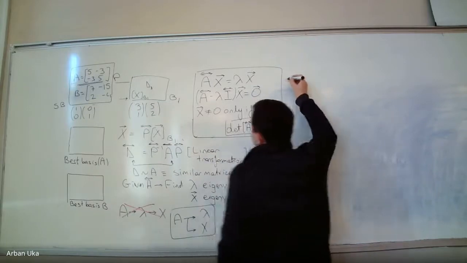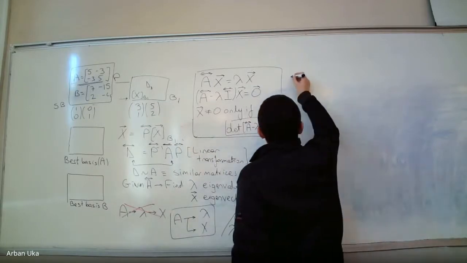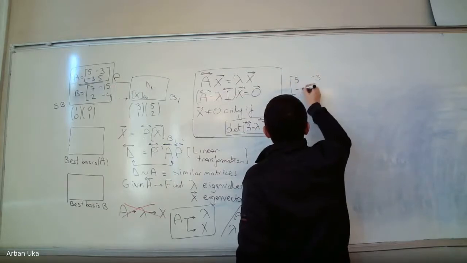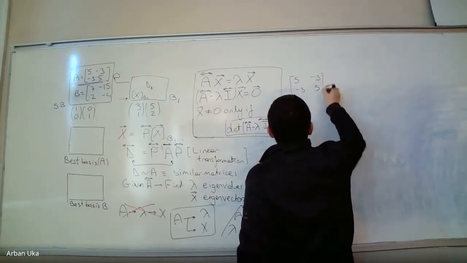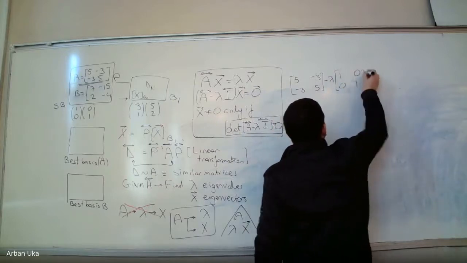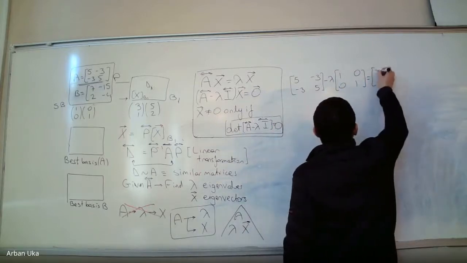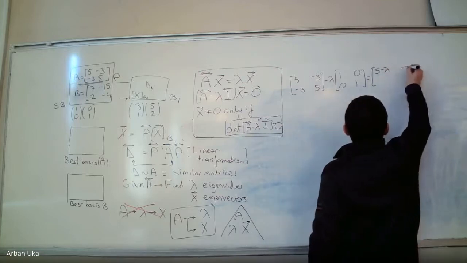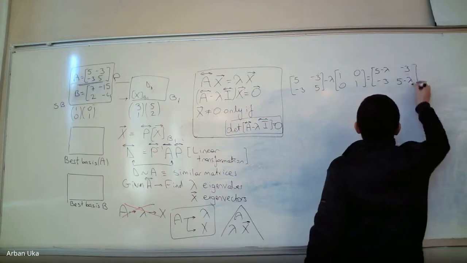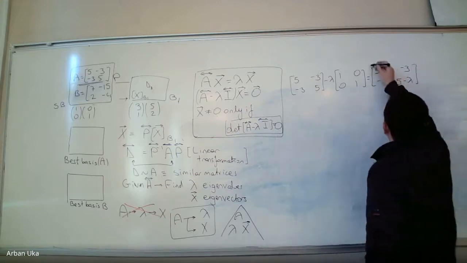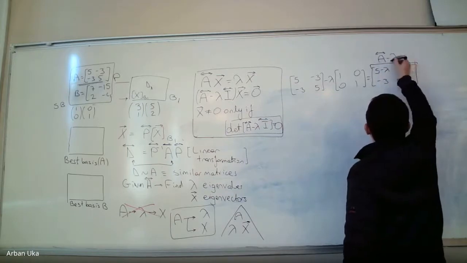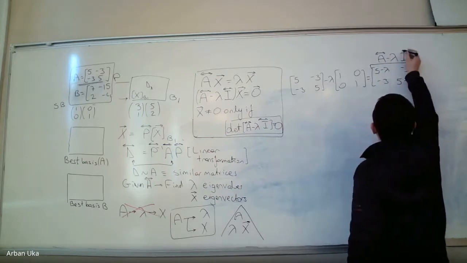So if we pick the first matrix, we have the following: 5, minus 3, minus 3, 5, minus lambda times 1, 0, 0, 1. And this is equal to 5 minus lambda, minus 3, minus 3, 5 minus lambda. So here, this is the matrix which we denote as A, minus lambda times the identity matrix.